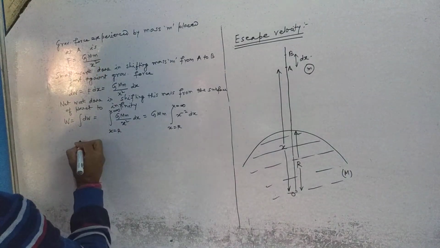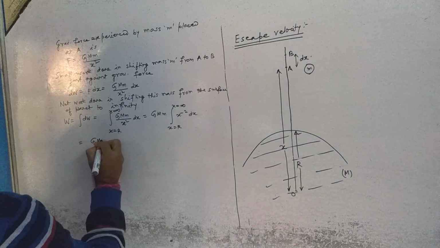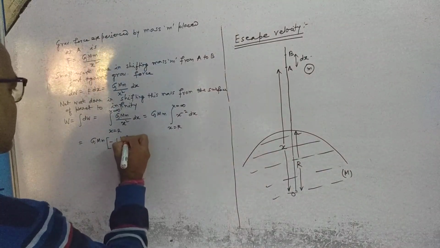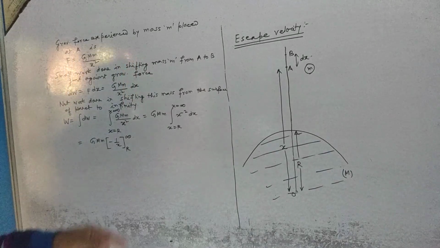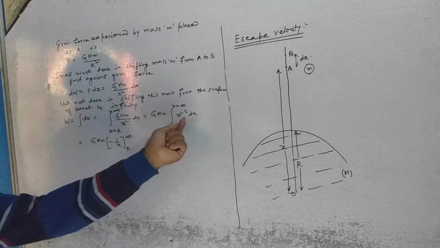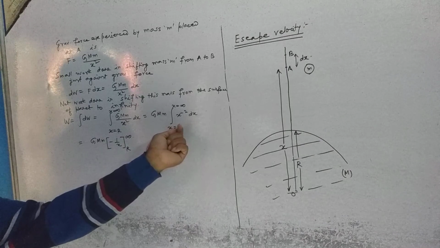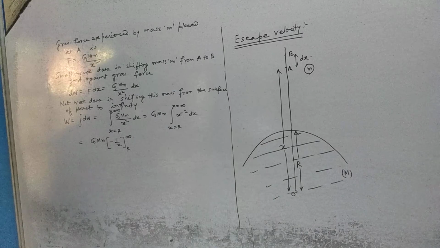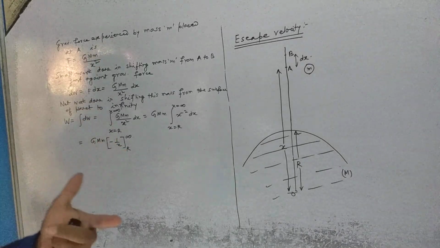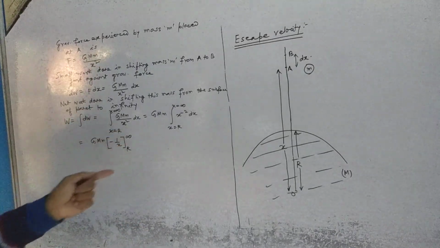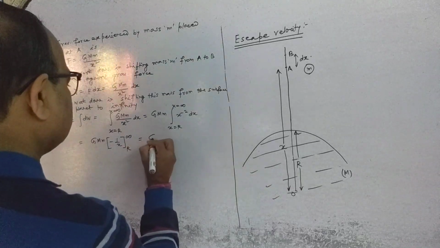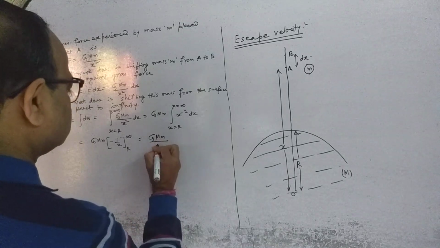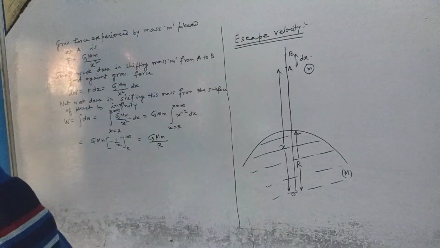Then we can write this is equal to G into capital M into small m, minus 1 by x from R to infinity. Mind this, we have already discussed its integration. x to the power minus 2 dx का इंटीग्रेशन minus 1 by x होता है. और मुझे लगता है लिमिट ऊपर नीचे हो जाएगा, ये R ऊपर चला जाएगा. So how much will you be getting? I think integrated value will be G into capital M into small m divided by R, not at all a problem for you.